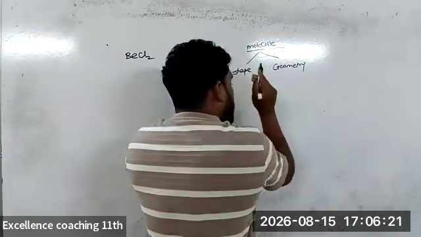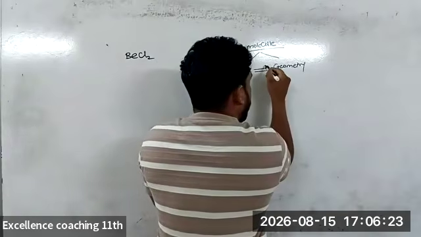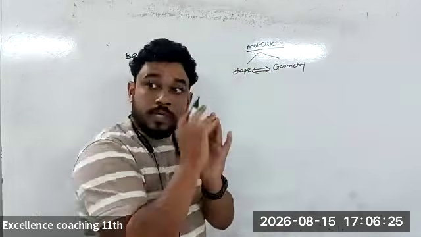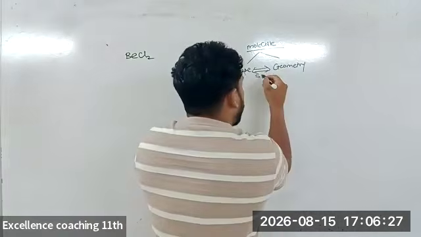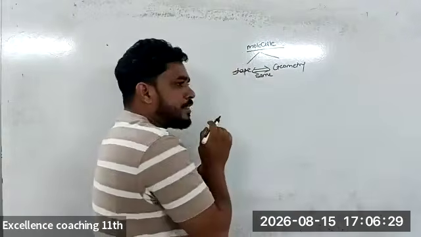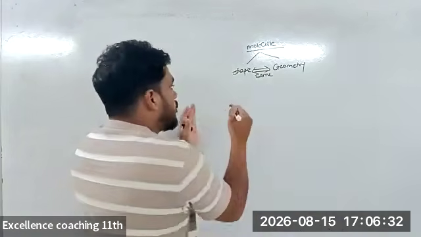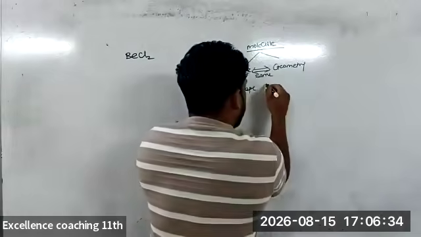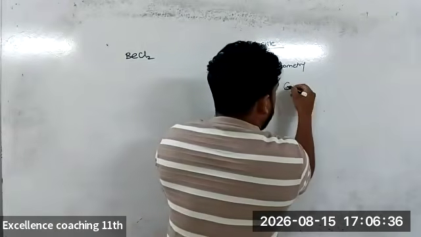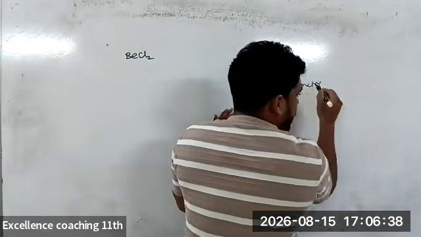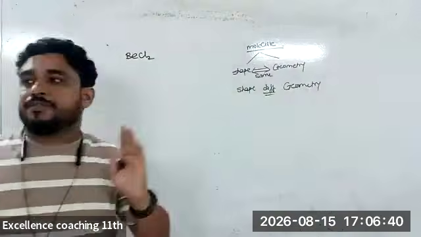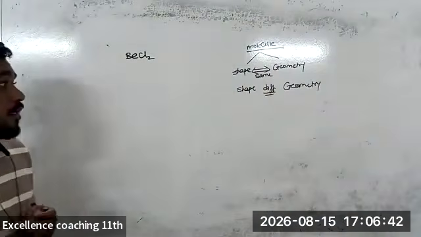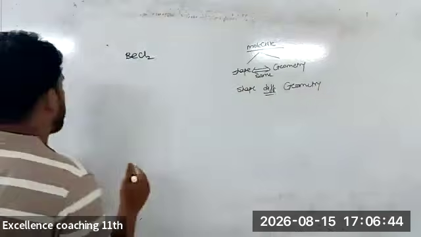Be careful. In some molecules, shape and geometry will both be the same. In some molecules, shape will be different and geometry will also be different. So it depends. There is a criterion for that.